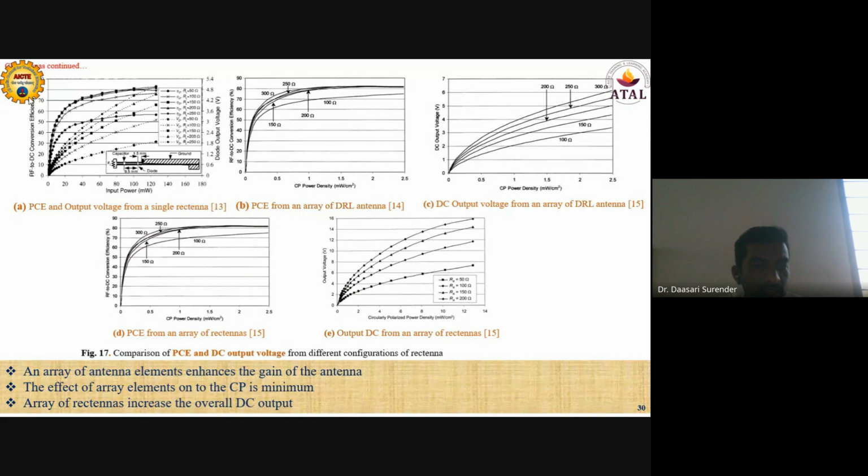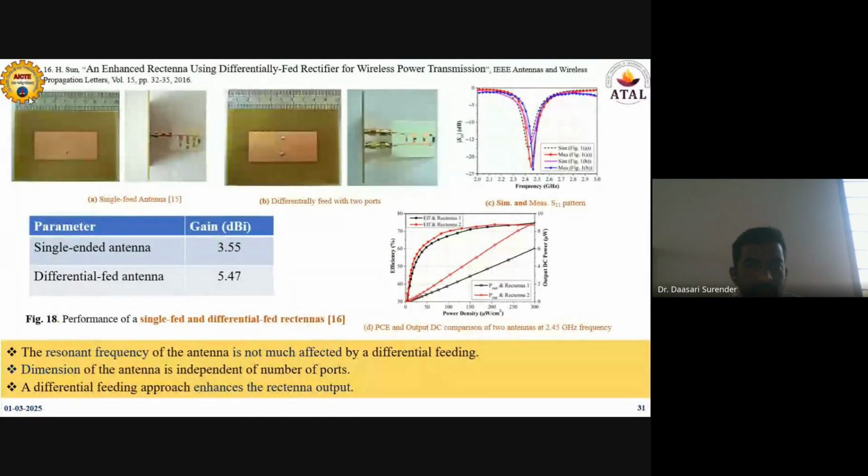Overall, it collects more energy from the ambient environment that can supply the succeeding elements of the rectenna system. Therefore, we can expect maximum power from the rectenna system. This is also one of the mechanisms to increase the gain of the system.